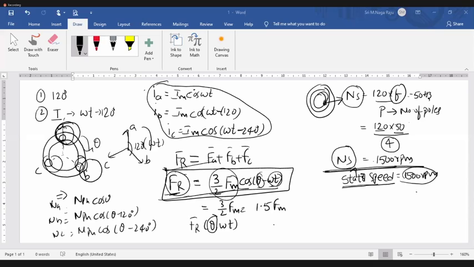Just solve one small problem. A 60 Hz induction motor has two poles and runs at 3510 RPM.